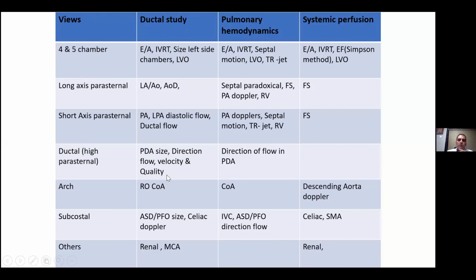There you learn how to label a PDA as hemodynamically significant, how to classify PPH as mild, moderate, severe, and how to assess whether the baby is in shock, or cardiac contractility is less. That's why we see apical 4-chamber, parasternal long axis, parasternal short axis, ductal view, arch view, and subcostal view.